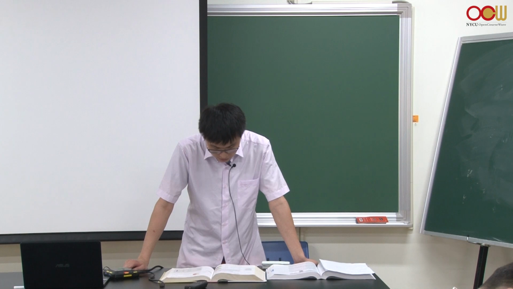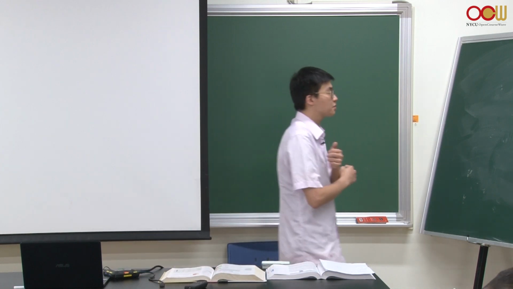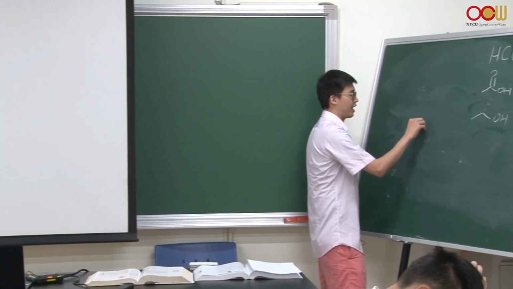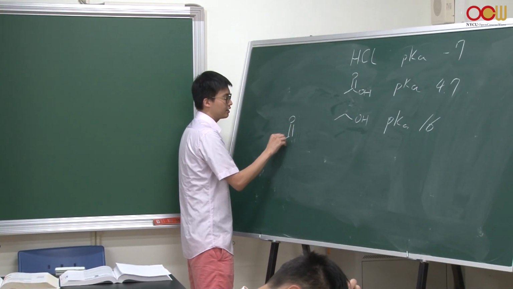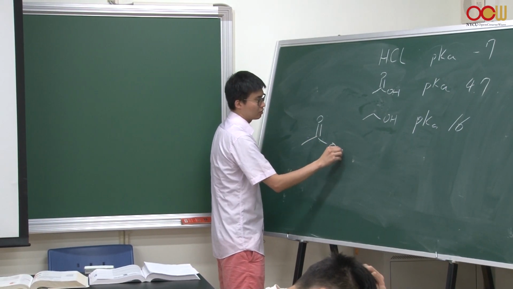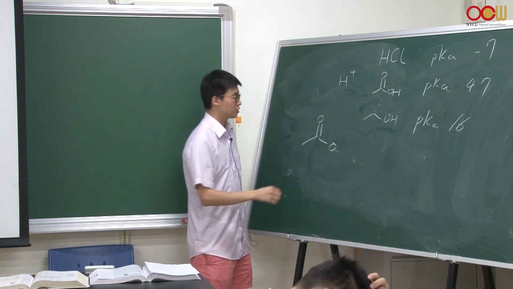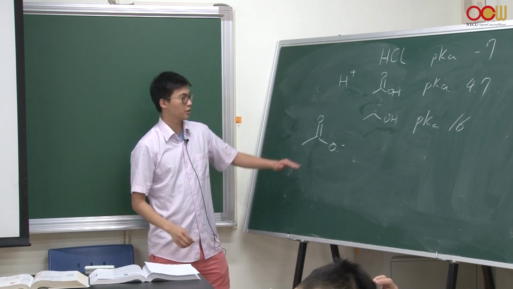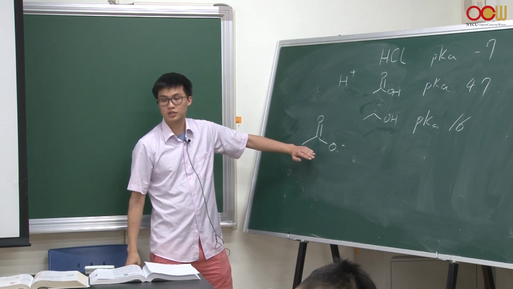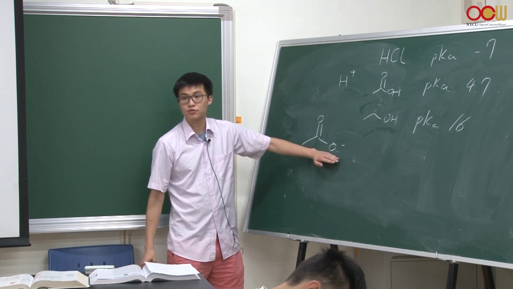So what's special about carboxylic acid? Once the acid is dissociated, a base comes in and the proton is lost. That places a negative charge on the acetic acid, so on this carboxylate, you have resonance structures.